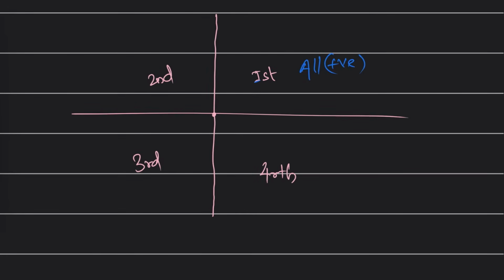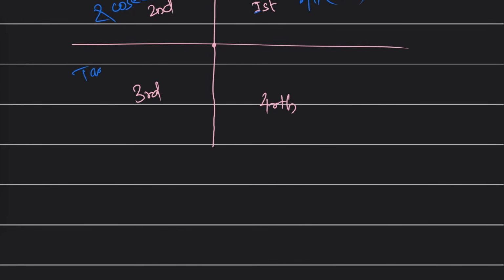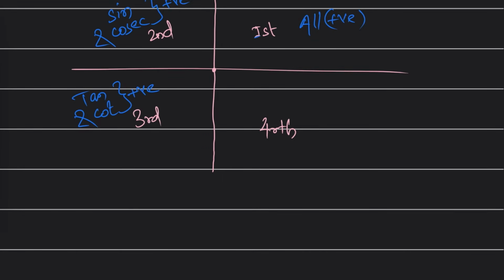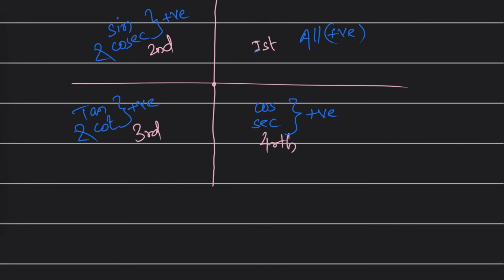All positive here, sine and cosec positive here, tan and cot positive here, and the rest are negative. Whichever function I am writing on the quadrant, those only are positive, the rest are negative. Here cos and sec both are positive and the rest are negative. Sir, you understood this, you should keep it in mind.